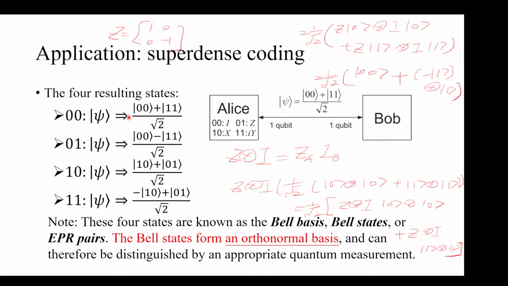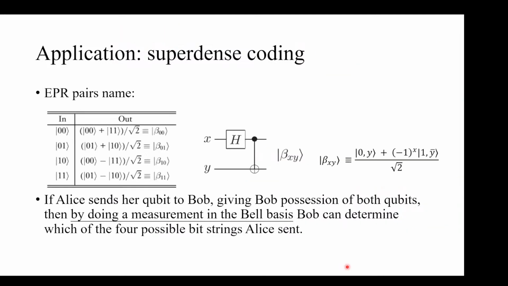In particular, you can do an orthonormal basis measurement where the basis elements are just those 4 states. You think about a 2-qubit system, where there is an orthonormal basis, those 4 states, and you just do the orthonormal basis measurement and perfectly distinguish all 4 of them.